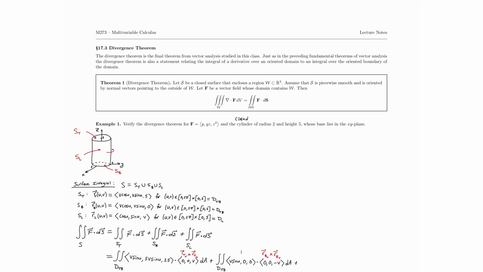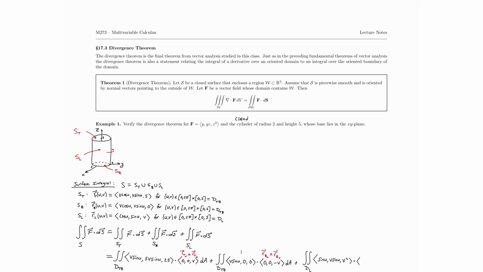Plus, we're going to have the double integral over D sub L for the lateral domain D. This will be our replaced version. So this will be y, which is the sine of u, yz, which is v sine u, and z squared, which is v squared, dotted with the appropriate derivative, which again I will write down.